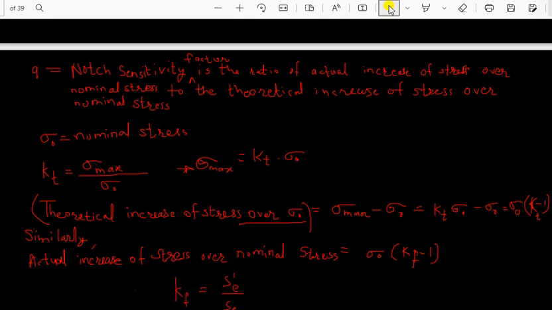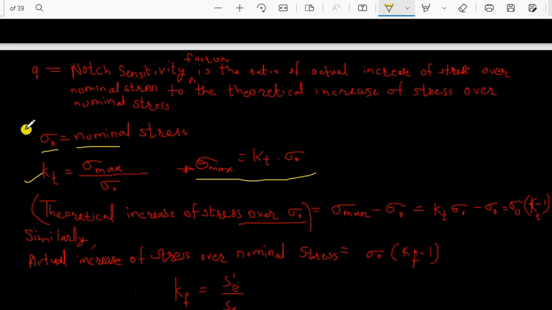Sigma naught is the nominal stress, right? We have derived the equation for Kt. We know that Kt is equal to sigma max divided by sigma naught. So I can write sigma max in terms of Kt.